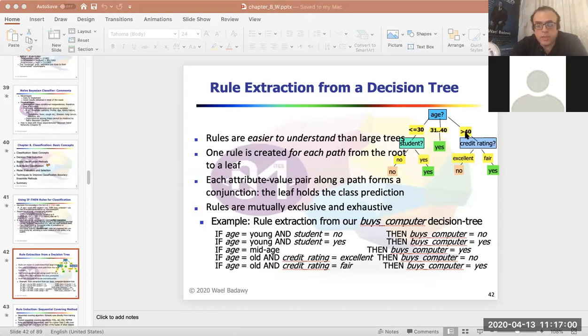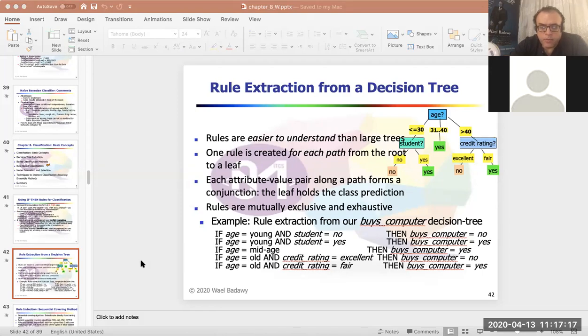Now, if I look at these particular rules, you have to understand that the following rules are like else's. If the first rule is not satisfied, you go to the second, third, fourth, and fifth.